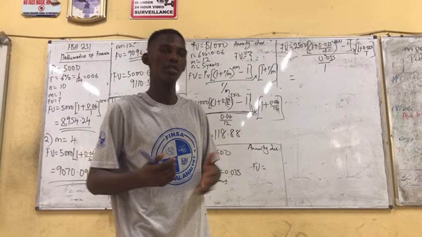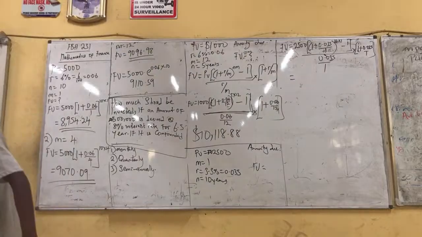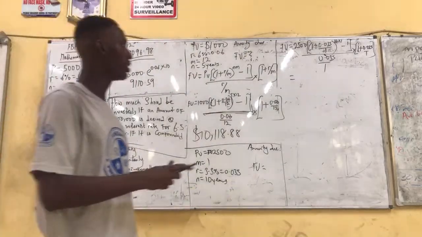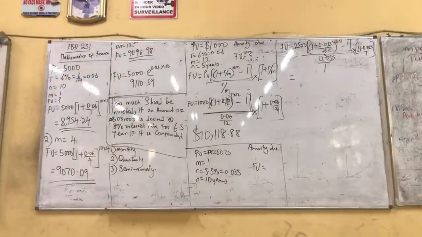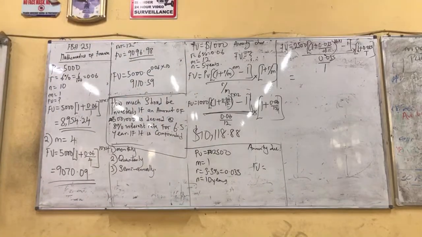Alright, so now this is equal to what? I'm going to press pause and solve it out before I get there. You can choose to solve it before I finish. Okay, so this is 2500, open bracket, then open another bracket, 1 plus 0.035 over 1 to the power of 10 times 1, minus 1, close the bracket, over 0.035 over 1, then multiply by the open bracket, 1 plus 0.035, close bracket, over 1.